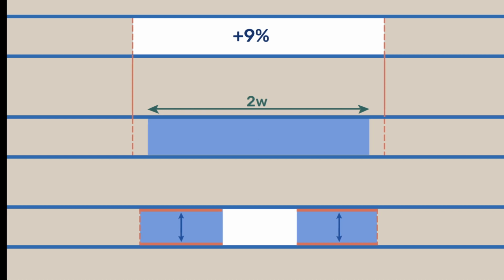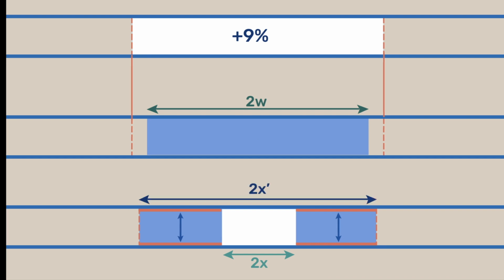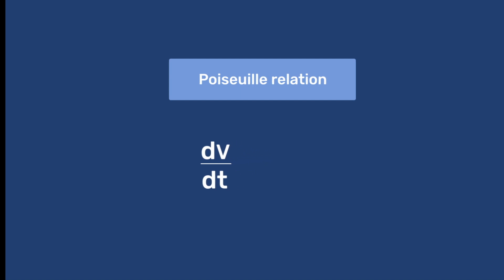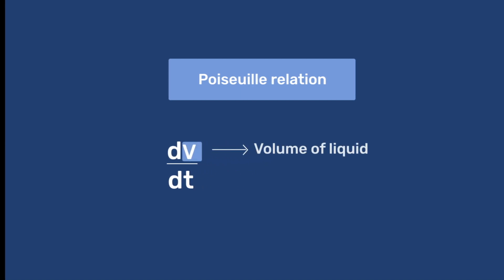To analyze this, let's first denote by 2x the crystal length at time t, and by 2x′ the combined length of that crystal and the remaining water. Let us then apply the Poiseuille relation, giving the flow rate dV/dt, which represents the volume V of liquid flowing per unit time through a cylindrical pipe.